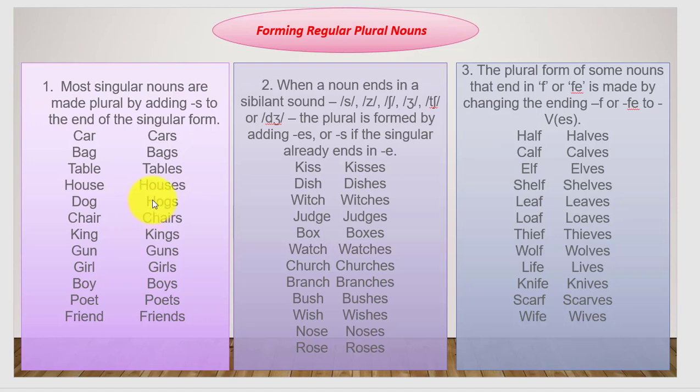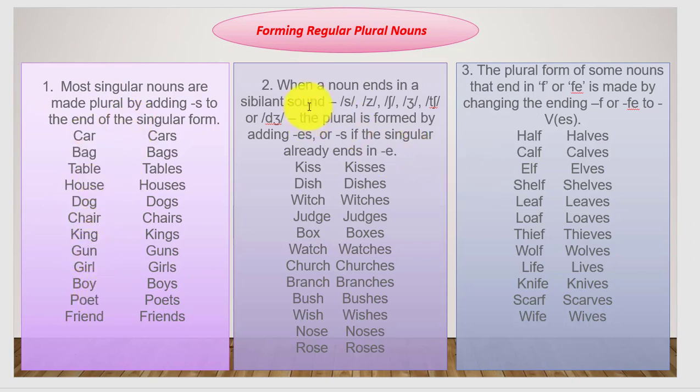Dog, dogs. So this is not hogs, this is dogs. Chair, chairs, and so on. You can make the plural of other nouns on your own. So you have got the main idea, the main rule which is governing these nouns.